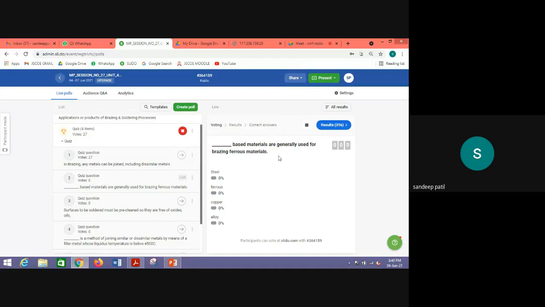Next question: dash dash based materials are generally used for brazing ferrous materials.